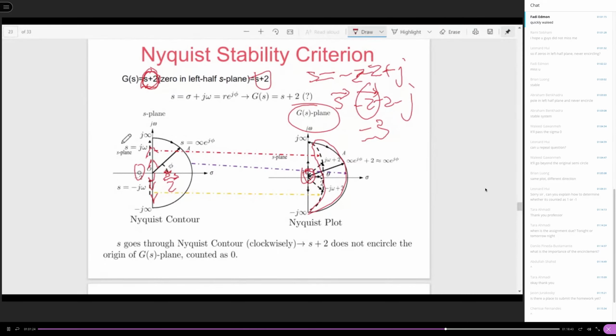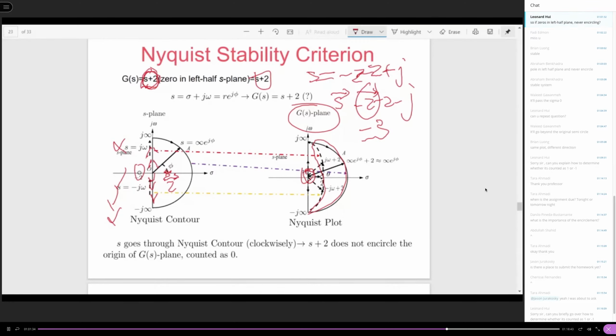As long as your zeros are in the left half plane, when you evaluate the Nyquist plot of such zeros, you're going to find out that on the G of S plane, the Nyquist plot will not encircle the origin. Because it does not encircle, I'm going to count it as 0. If you count the number of encirclements, then this should contribute 0.